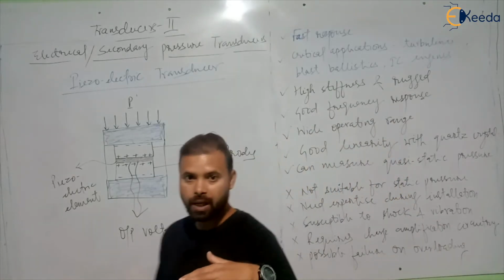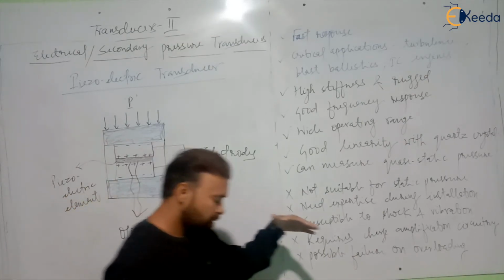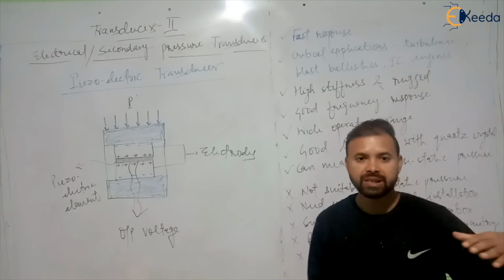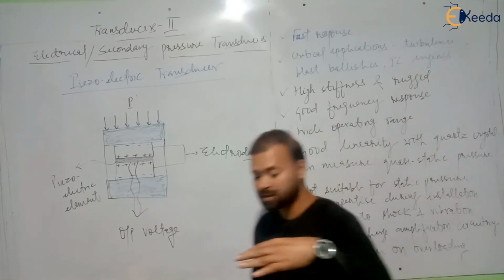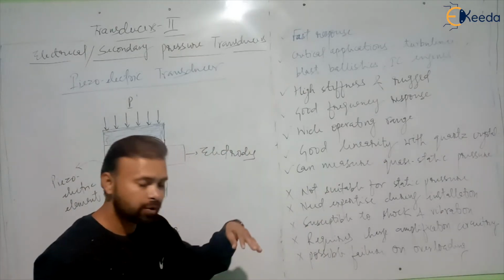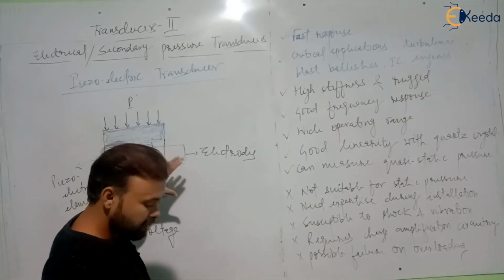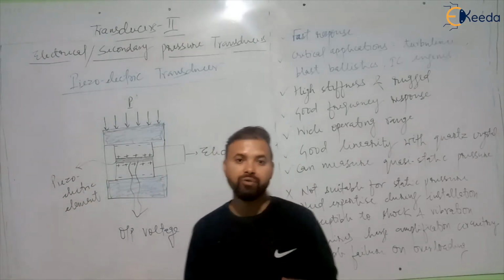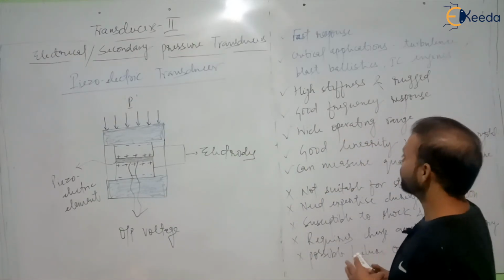That's wrong, right? So for example, if you are measuring pressure which is continuously varying, at some point it is 100 pascal, at some point it is 99, then 98, it is continuously varying, then the piezoelectric transducer is very beneficial. This can measure dynamic output.